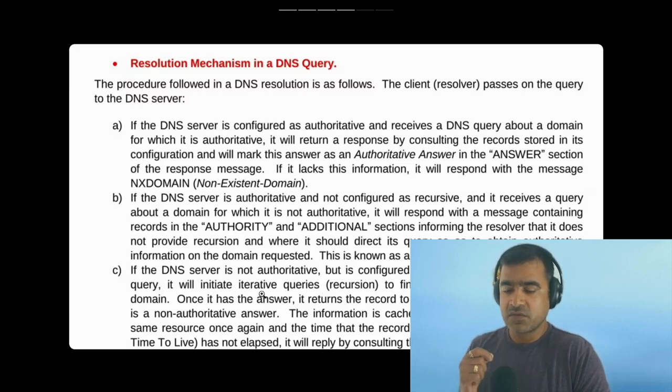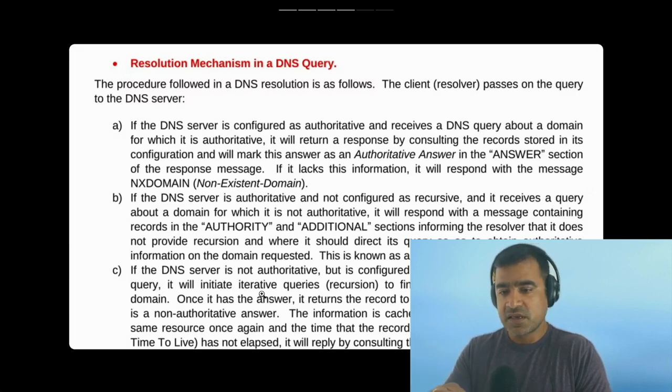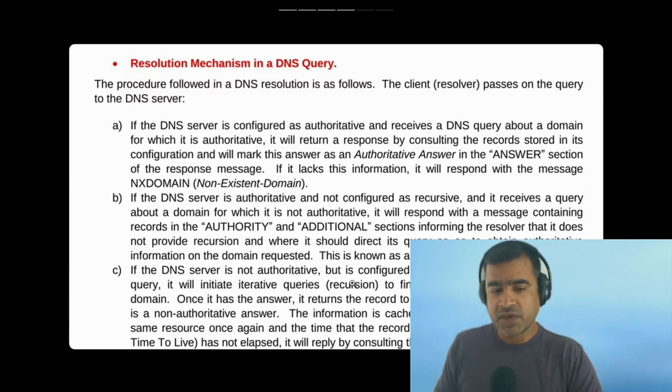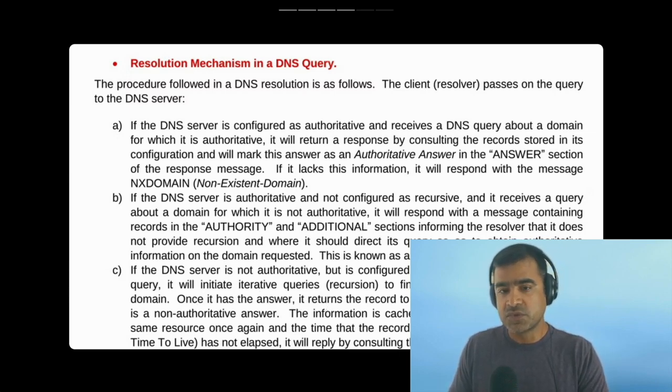We know we want to resolve one query, we send it to the upstream which is recursive, and the recursive one is going to talk to all the TLDs and then the authoritative name server and maybe additional servers. So it is doing the heavy lifting for us, and once it has the answer, it returns the record to the client's resolver, indicating that it is a non-authoritative answer.